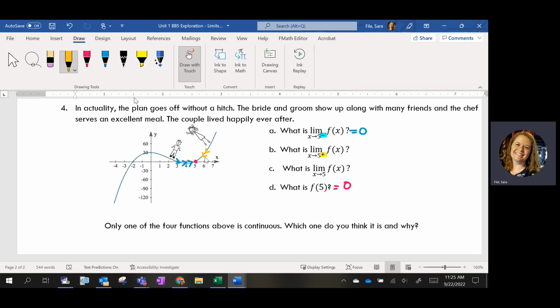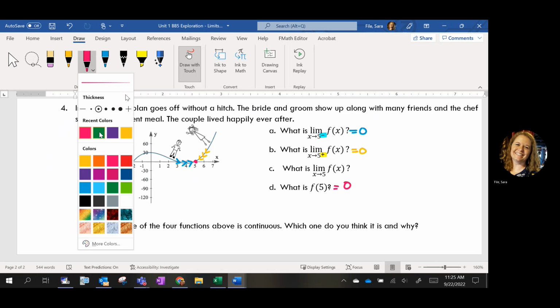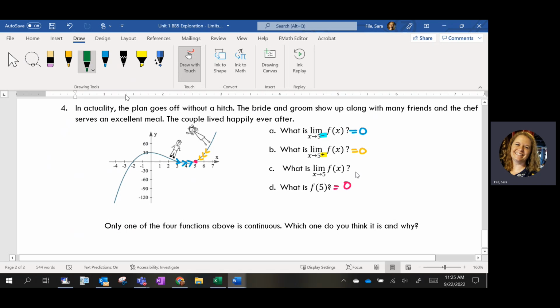As she gets closer and closer to X is 5, what's the Y getting closer and closer to? Also 0. So what does that mean for your limit? That it does exist, and what is it? It is 0.